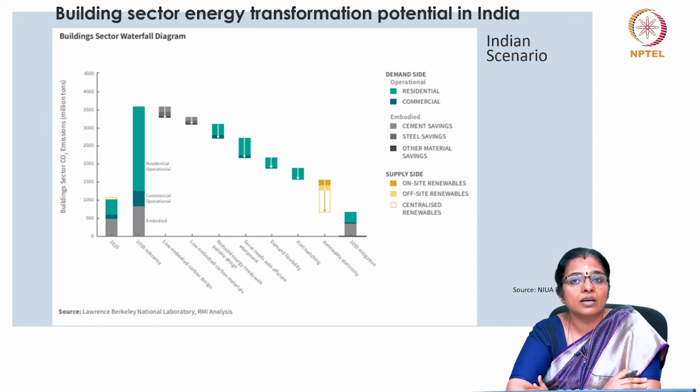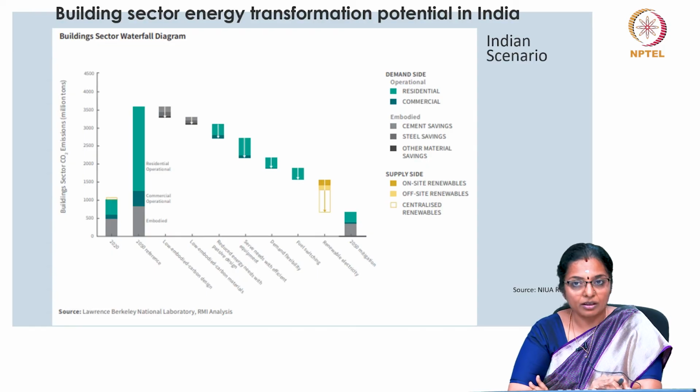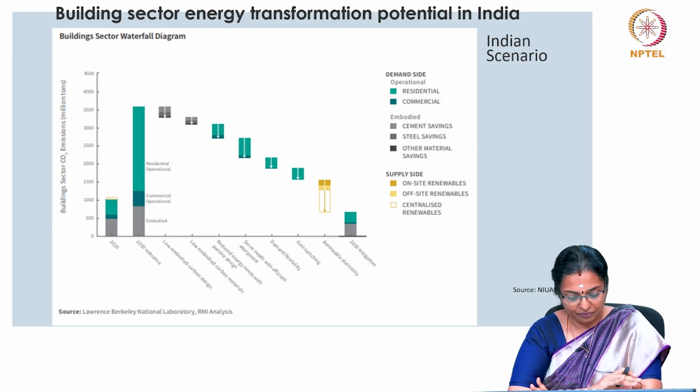Imagine if buildings start consuming 50% of the current consumption, the amount of operational carbon emissions will reduce drastically, and it will have a great impact on the amount of GHG emissions happening and hence global warming. Now, this graph shows the potential of transformation in operational energy use from the year 2020 to 2050.